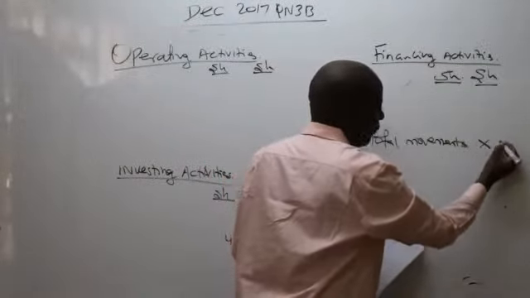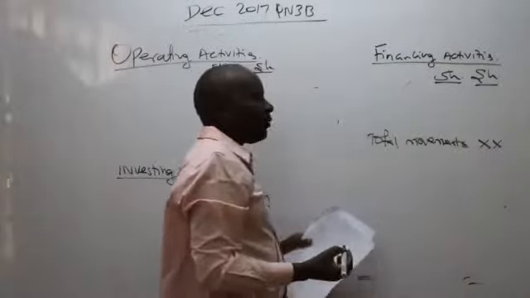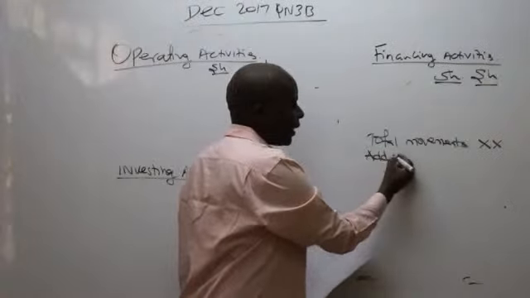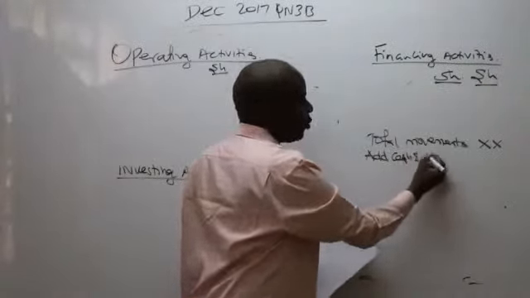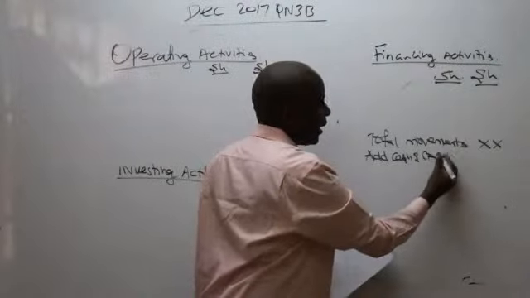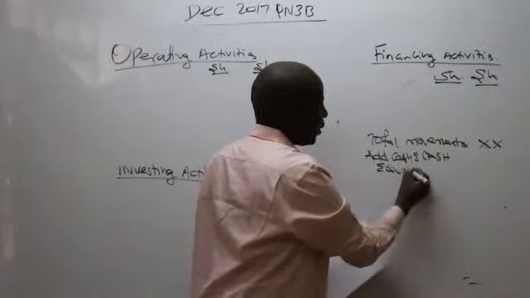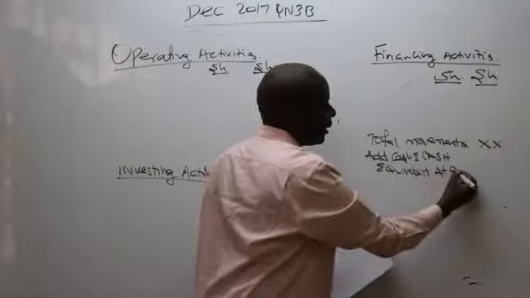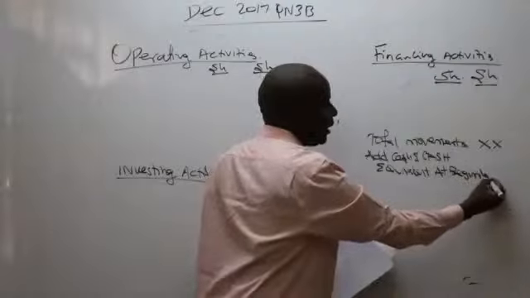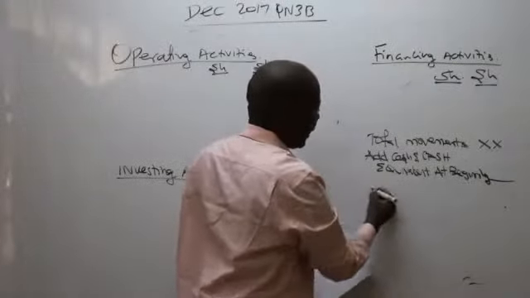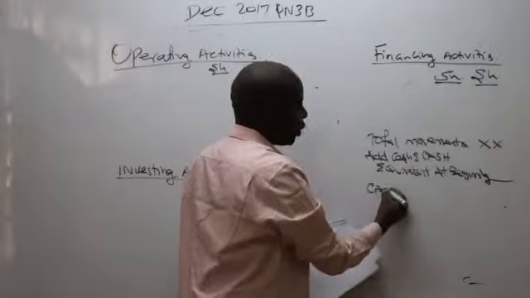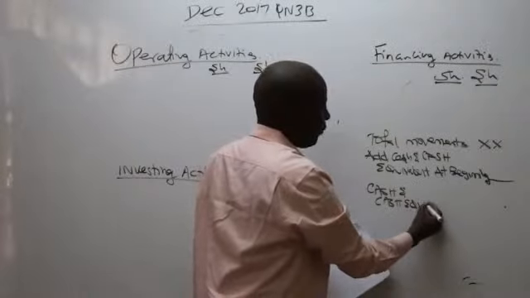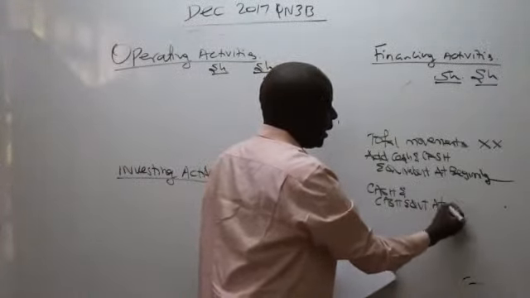Then I'll add the cash and cash equivalents at the beginning, brought forward, and the moment I add like that, I should get the cash and cash equivalents at the end.